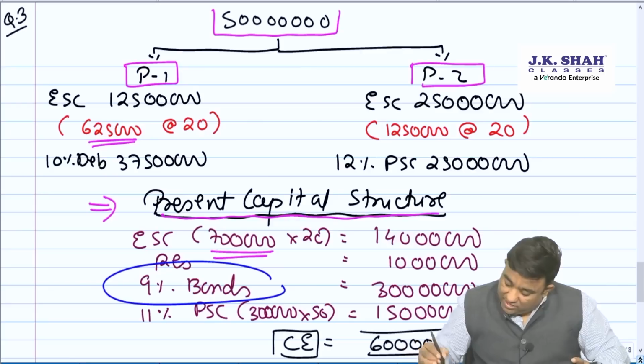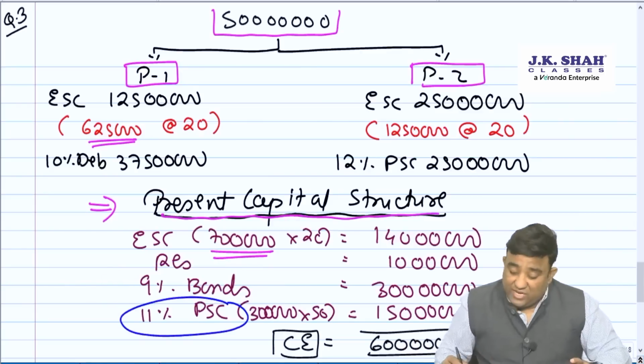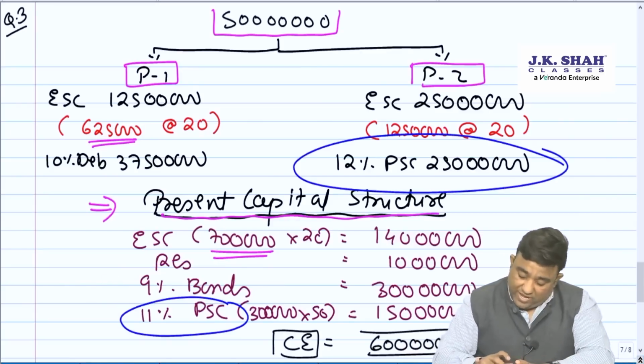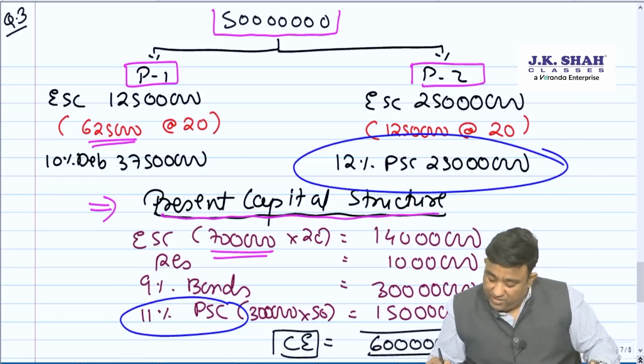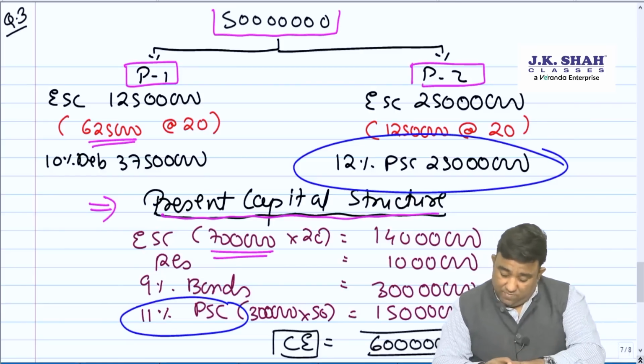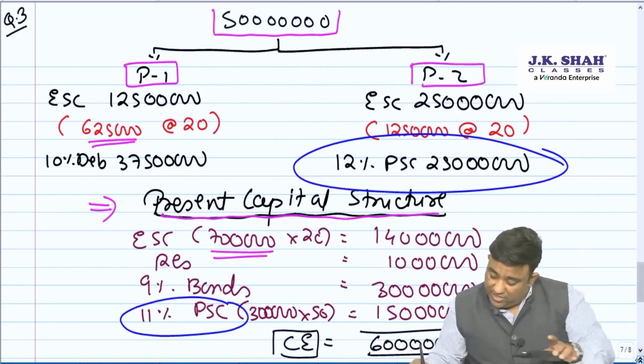But the big point is, this time dividend. 11% is 16 lakh 50,000 plus 2 crore 50 lakh into 12%, which is 30 lakh, so it gives you 46 lakh 50,000.